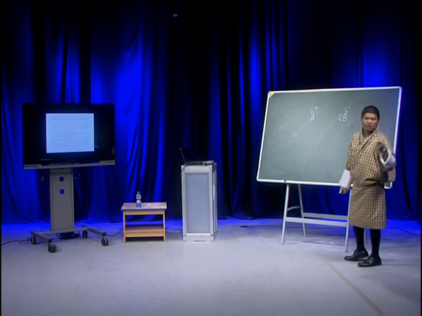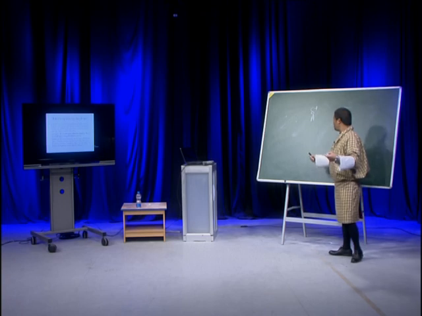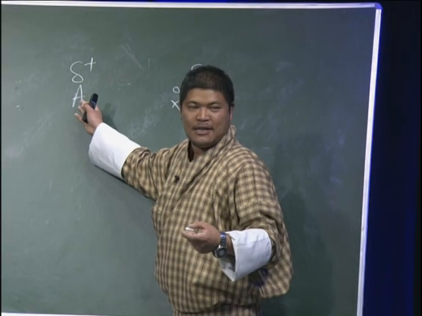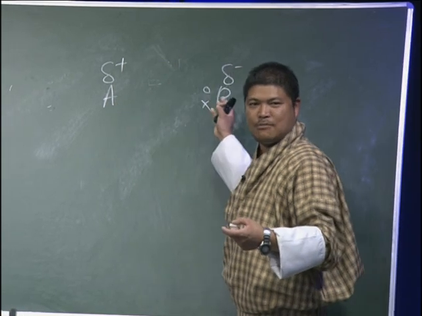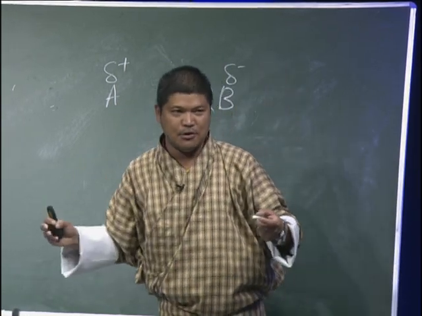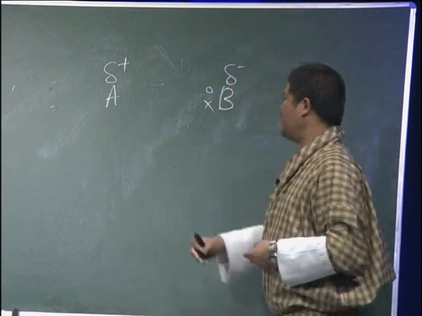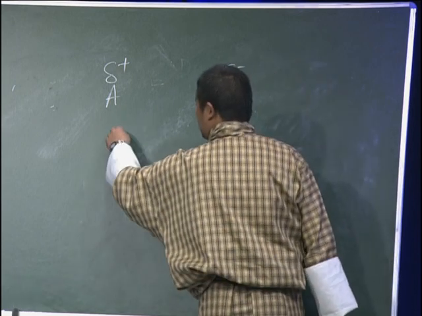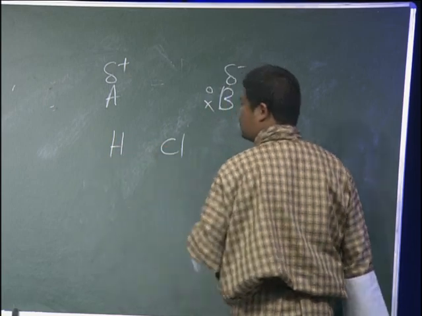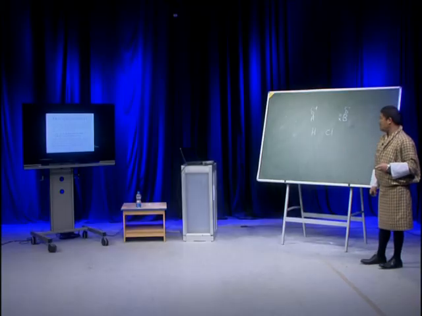So what is a polar covalent bond once again? It is a bond formed between two atoms where one atom develops a slightly positive charge and the other atom develops a slightly negative charge. This is because of the difference in their electronegativity. For example, we have the bond formed between hydrogen and chlorine. This is one example of a polar covalent bond.